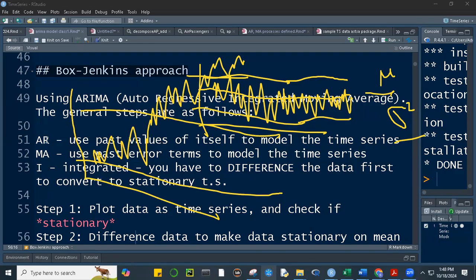However, at this period, the average is now this one. Here, the average is around this one. Here, the average will now be around this amount. So you can see here that the trend results in a non-constant mean.